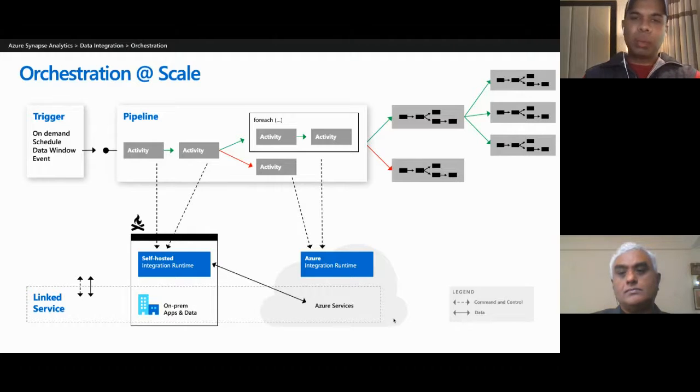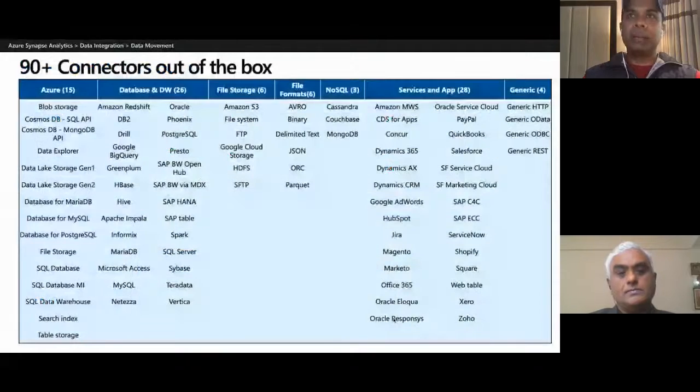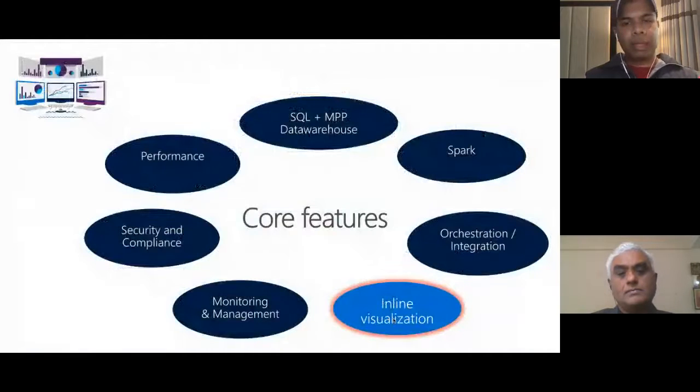Again, this becomes a little more clear when I show you a demo. Think of orchestration as being able to connect to your source data sets and get that data. So this is a quick overview of where you can connect. Again, different providers have different products out there, right?